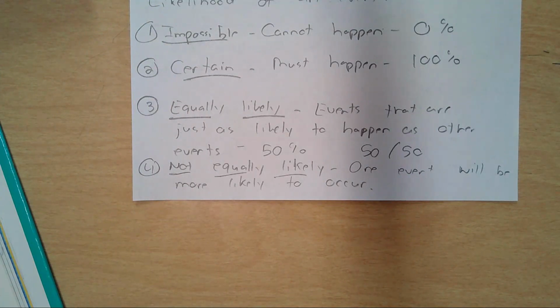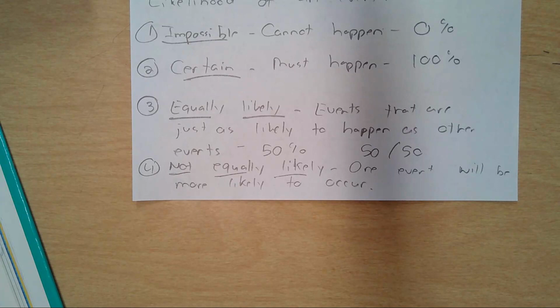So if I go back to my number die, and I said, well, what is the likelihood of me rolling a 2? Well, there is a chance it could happen, but there's more of a chance I'm not going to roll a 2, because I only have one number that's a 2, and I have 5 numbers that aren't a 2.